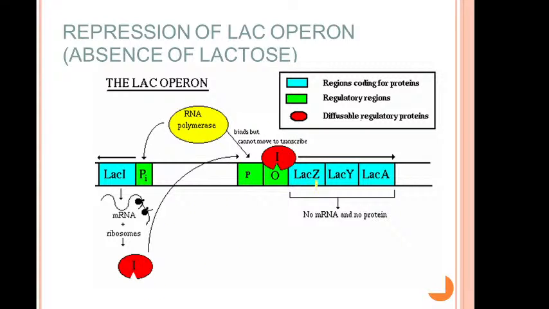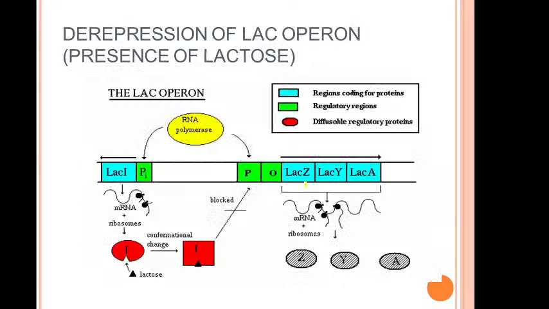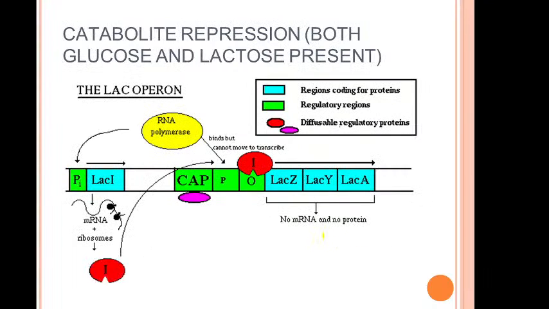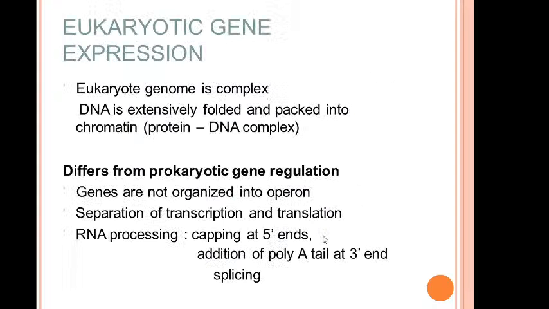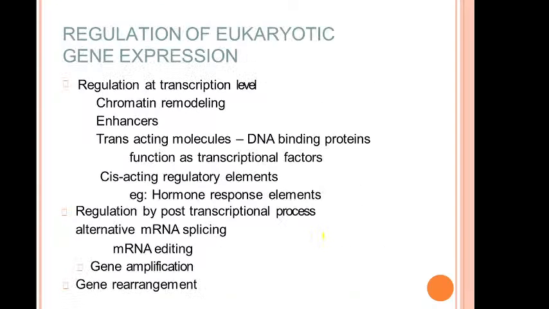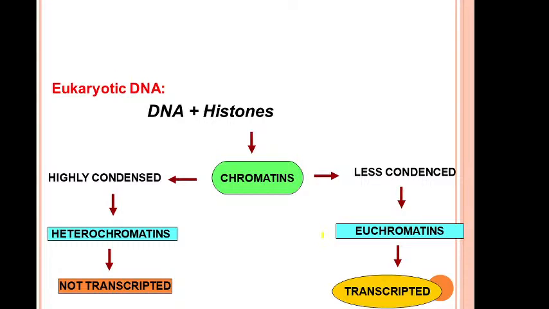So this is again the same diagram. The inhibitor or suppressor binds with the operator and the reaction will not continue. In the next step, what will happen? Lactose will bind with the inhibitor and the reaction will continue and we will get the desired enzyme. That's the only thing in the regulation of gene expression.